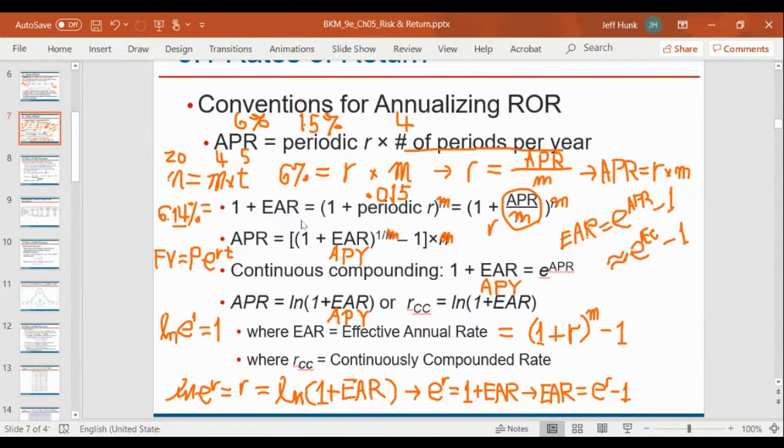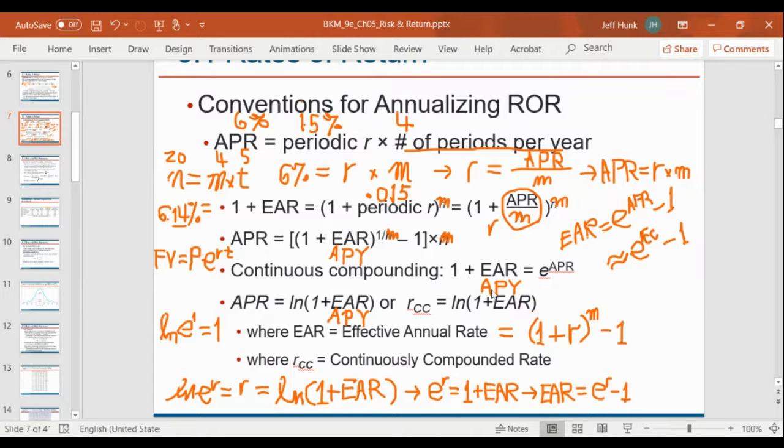To get from APY to APR is simply solving this equation in reverse for APR. You can verify that later.